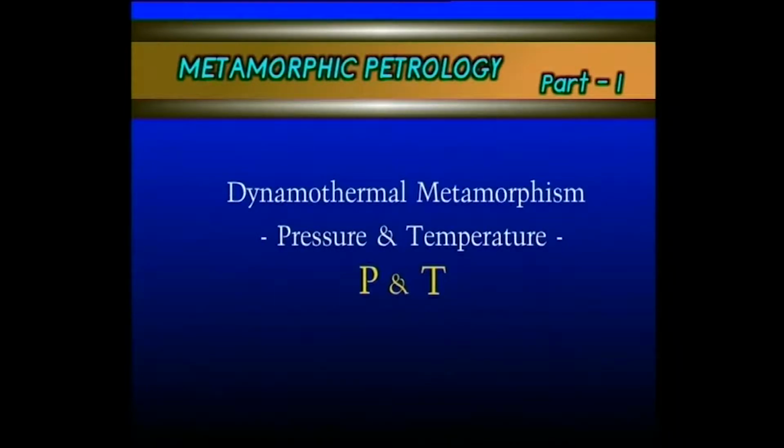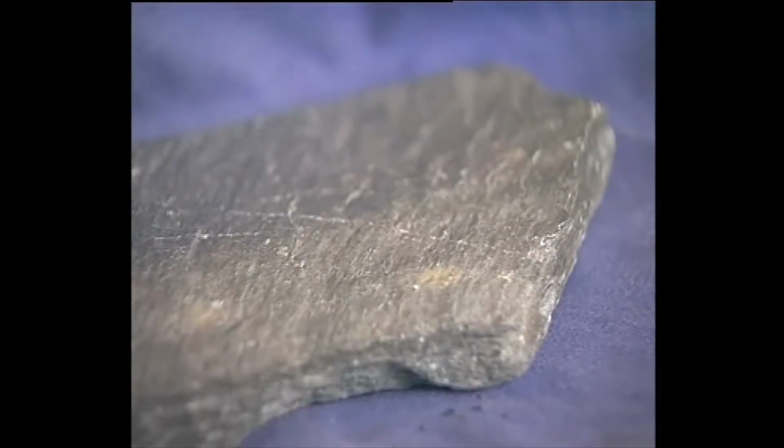Now take the third important thing, where pressure as well as temperature are both important. This metamorphism is known as dynamothermal metamorphism. Here directional pressure as well as temperature are both acting. Normally in orogenic belts, regional metamorphic rocks are formed, where we can see structural changes like slate changing into phyllite, phyllite into schist, and later on schist into gneiss.